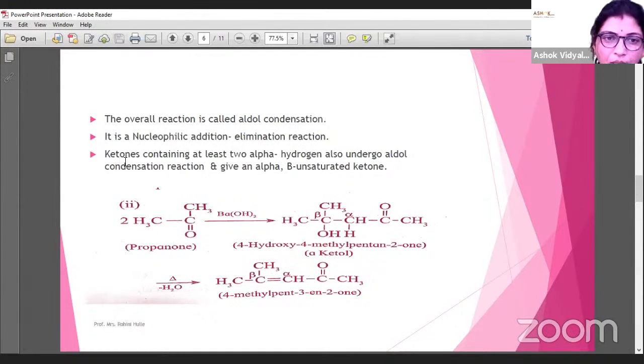See, ketones containing at least 2 alpha hydrogen atoms also undergo aldol condensation reaction and give an alpha beta unsaturated ketone. This is propanone. Propanone means ketone. This is the ketone group.